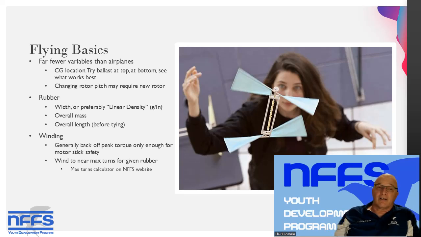You can get a lot of torque on these large motors we're running this year, and you can back off one or so winder turns, so 10 to 20 turns on your rubber, and dramatically reduce the amount of torque as well as the linear stretch of the rubber, and that might be safe for your motor stick. But you're going to want to launch with as many winds as you can get away with. Winding technique will be very important.